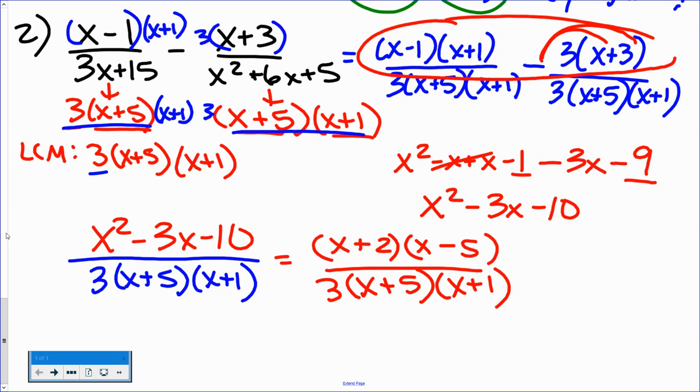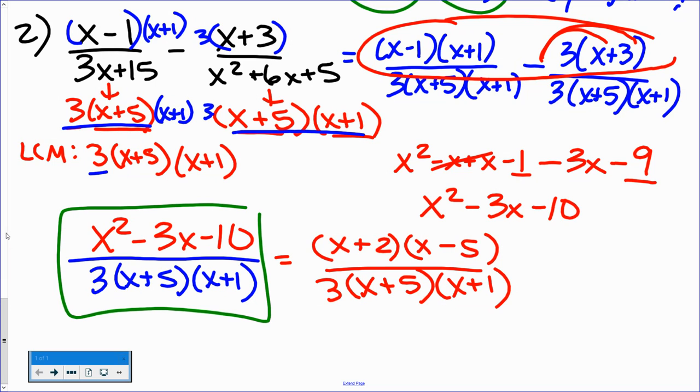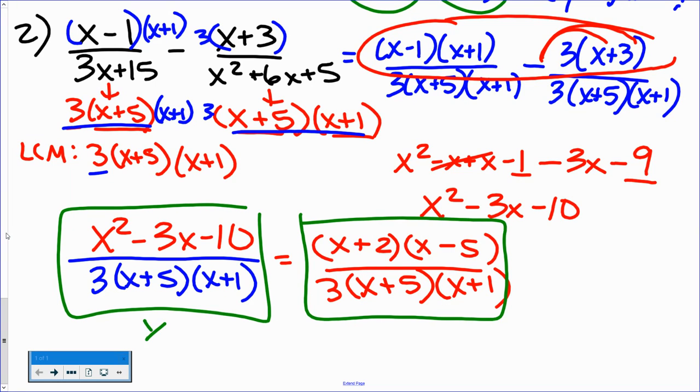So from here, I could not factor anything else. I cannot cross out any common factors. So technically, both of these are correct. This is correct, and so is the factored form. And then x would not equal negative 5, which would make that 0, and negative 1 would make that 0.